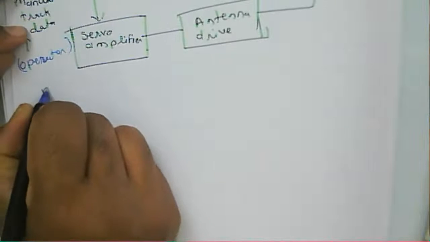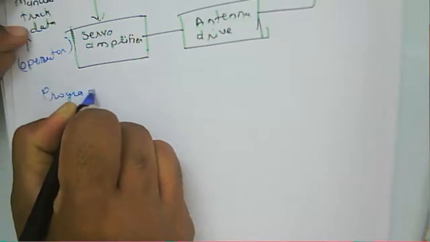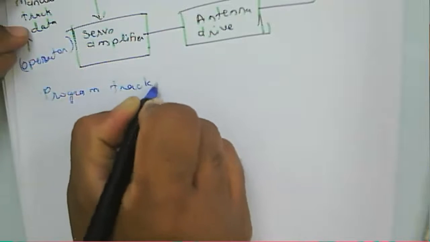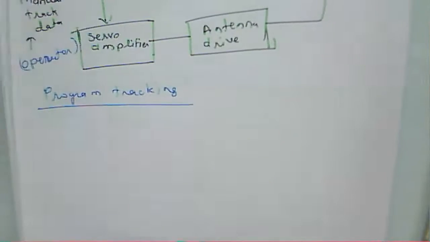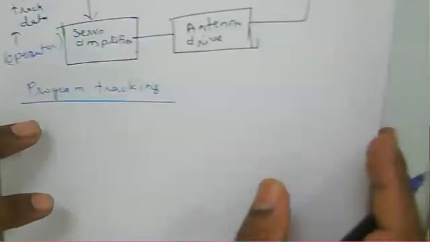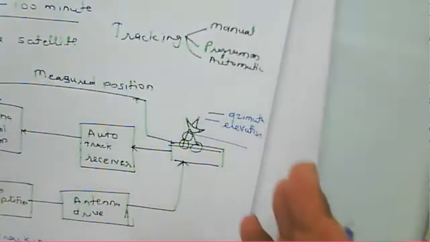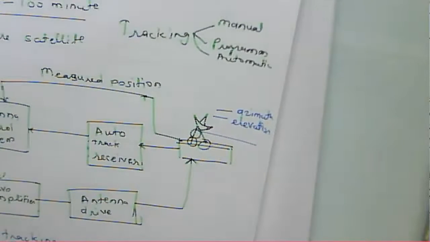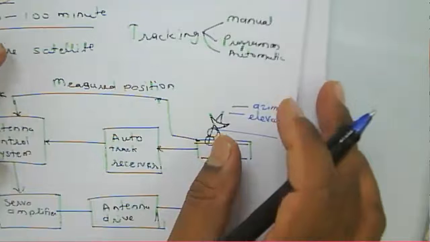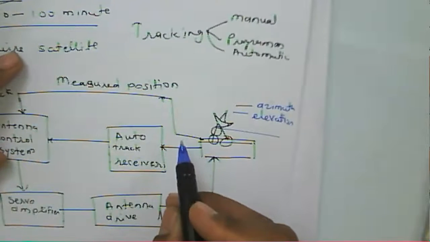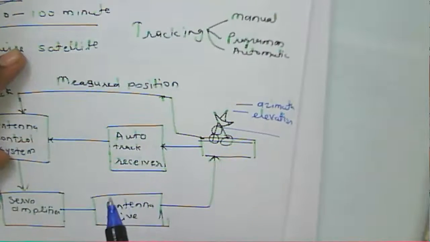But in the case of program tracking, we know that the position of the satellite is disturbed, varying according to disturbances in day or night. It means every day the position of the satellite varies, so we need to predict the path of the satellite.